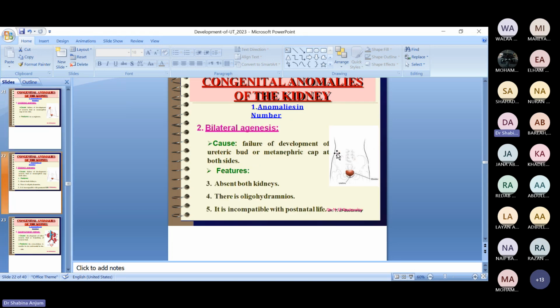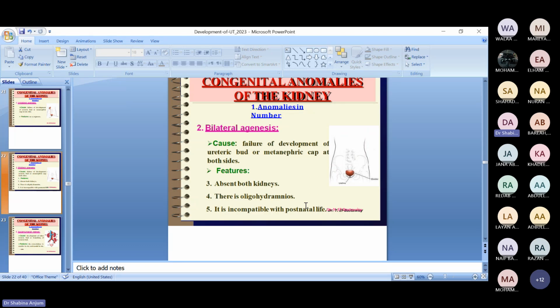There could also be bilateral agenesis, but you can imagine bilateral agenesis of the kidney is not compatible with life. Maybe in the uterus the baby or fetus will survive, because it is dependent on the mother's blood and everything, but after birth survival is not possible.